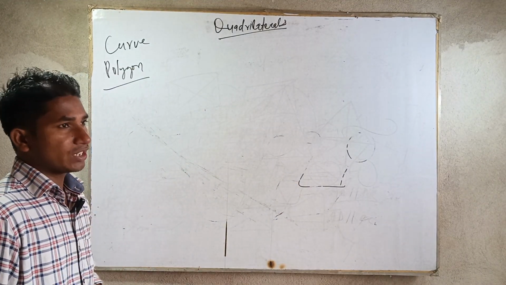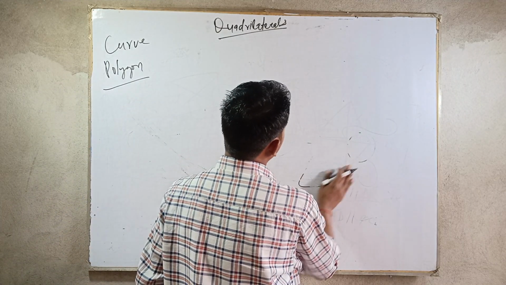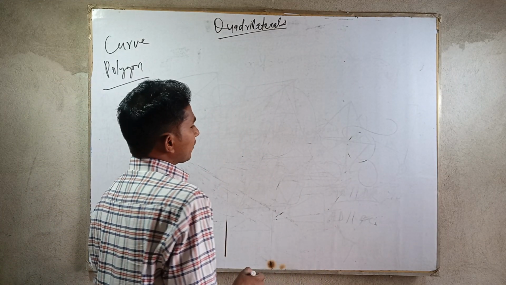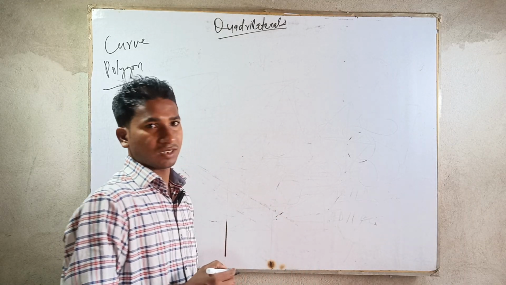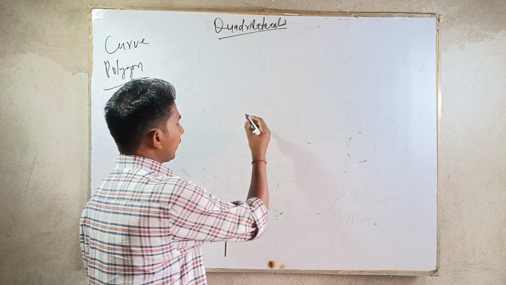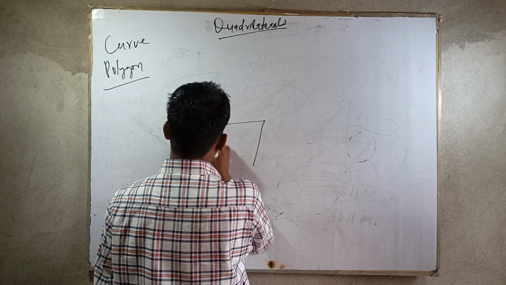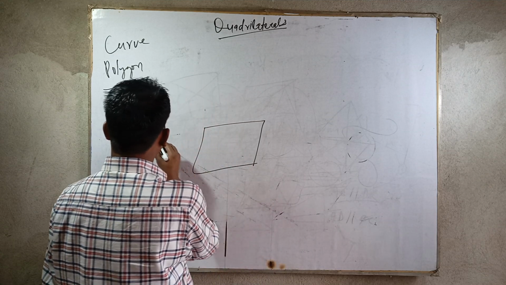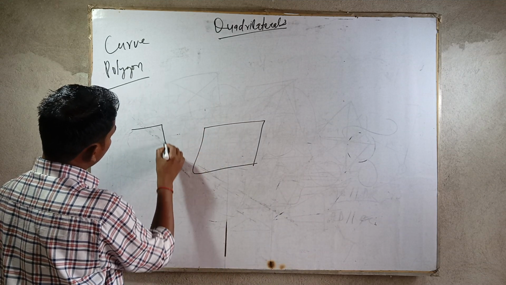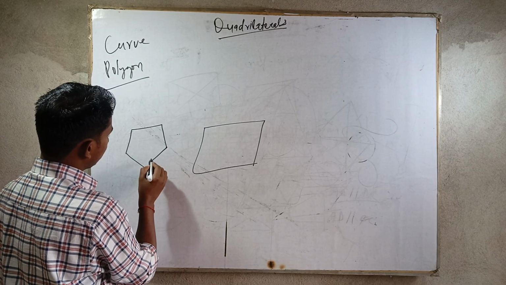Now we'll study the classification of polygons. Polygons are of different types: concave polygon and convex polygon. Suppose I make a figure like this. These are convex polygons. Another one is like this.